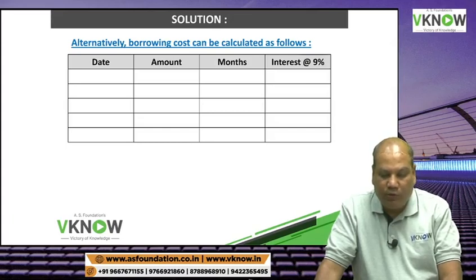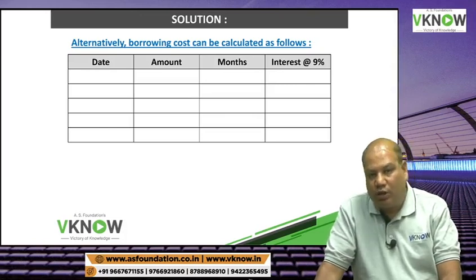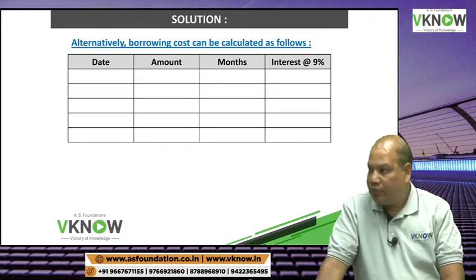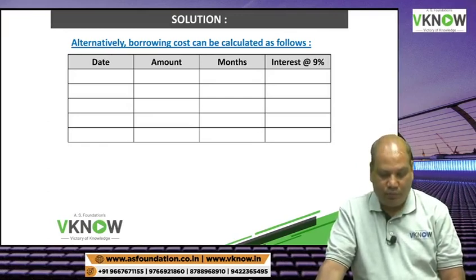So the benefit is this: whatever method you like easy, you can follow that. Here, for every expenditure incurred, we will directly calculate the borrowing cost. 4 columns: date, amount, months, interest at the rate of 9%.